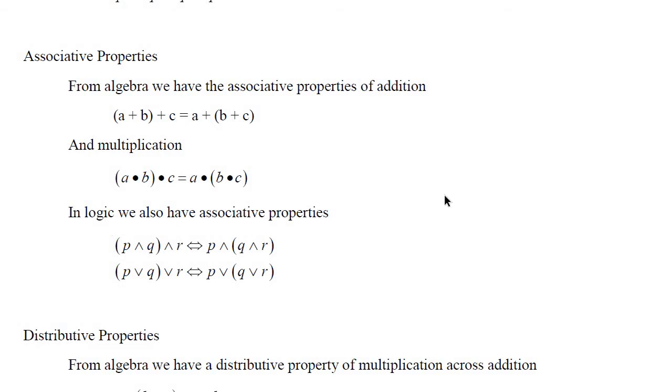In logic, we also have associative properties. If I have AND statements, p ANDed with q in parentheses, ANDed with r, is equivalent to p ANDed with, in parentheses, q ANDed with r. The same thing also applies with my OR statement. P OR q in parentheses, ORed with r, is equivalent to p ORed with, in parentheses, q OR r.